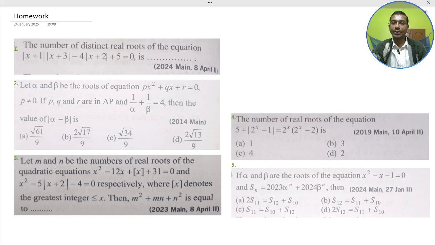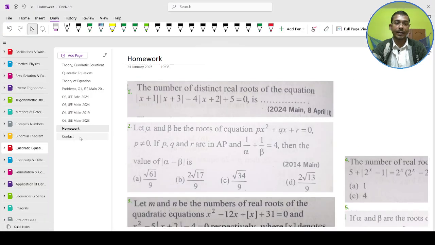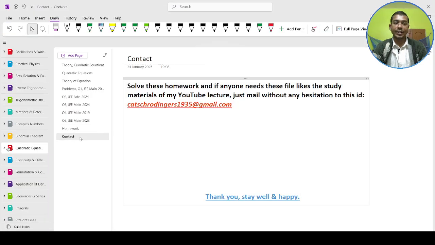So I think you just take a screenshot of the other 5 questions. So we covered the 10 important questions coming in JEE Main and Advanced, and after solving these questions, you should solve all types of previous year questions from the chapter quadratic equation.